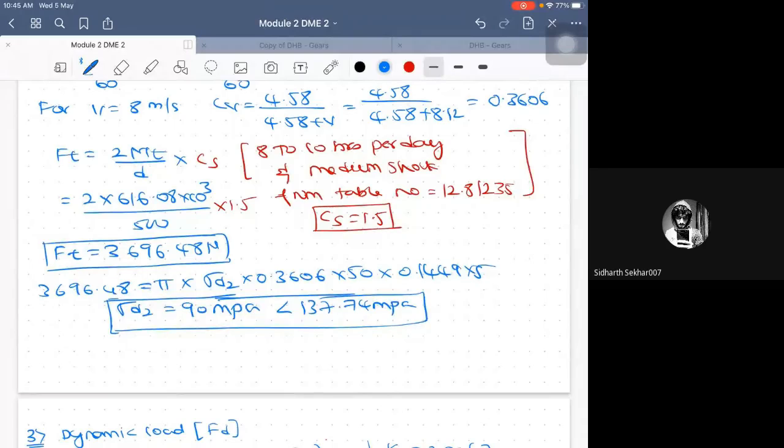Yes, Siddharth. We are all waiting for you to show us the answer. I don't have the calculations in mobile.